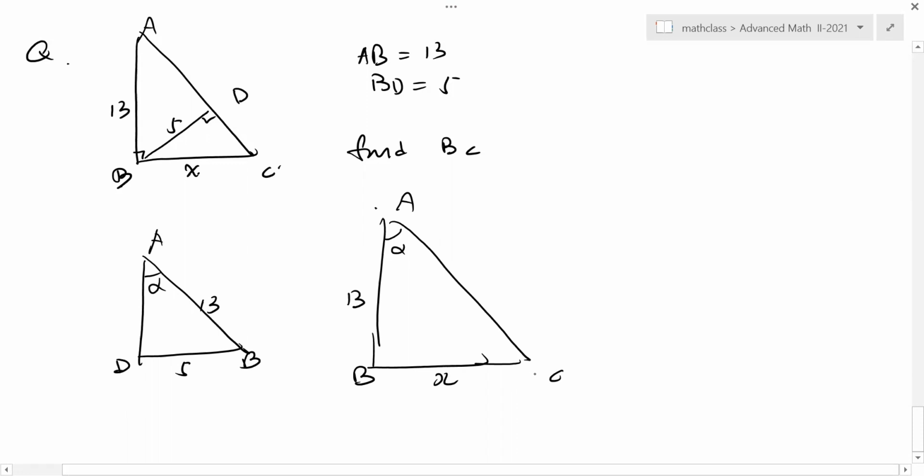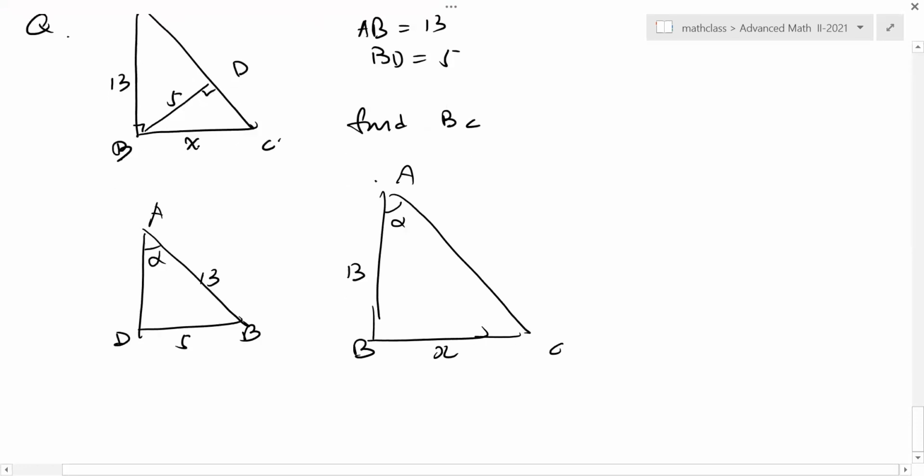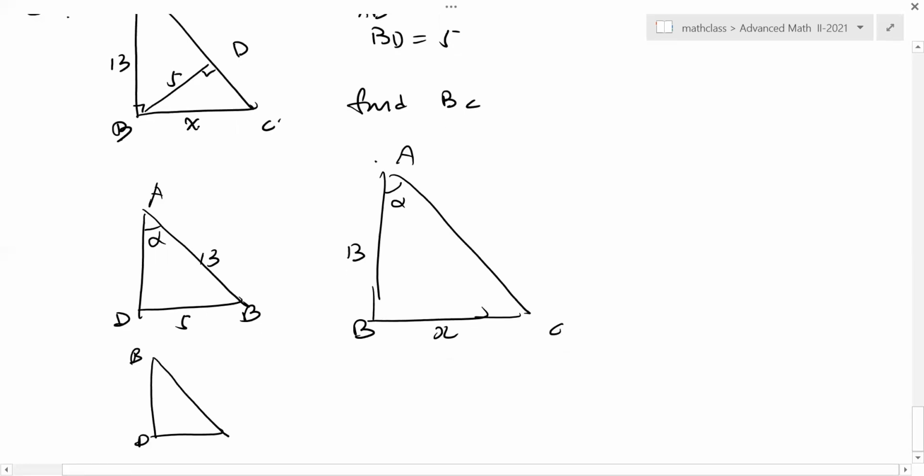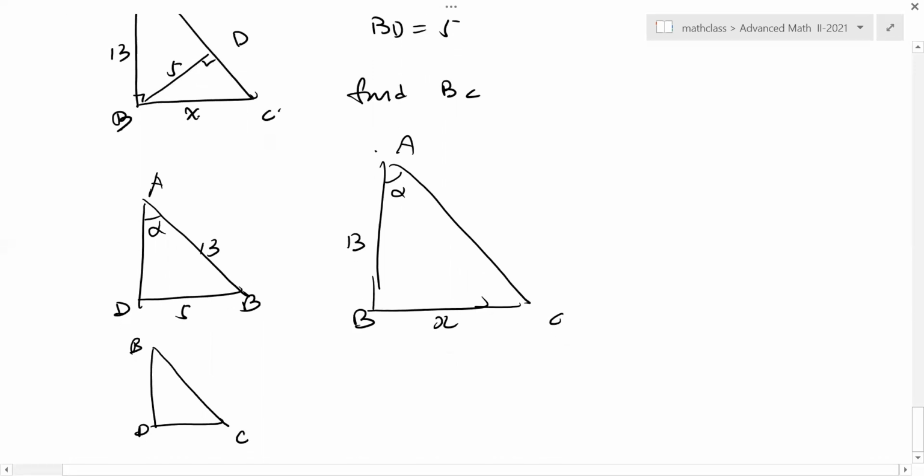I don't think we are able to get AC here, but I need the other one. Let's look at the small one, B and D and C. For this little one, BD is 5, and BC is going to be X. So we have those triangles.